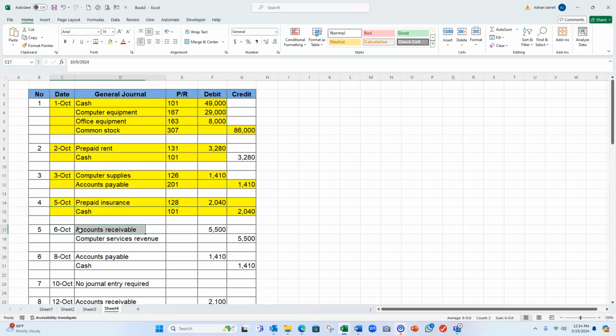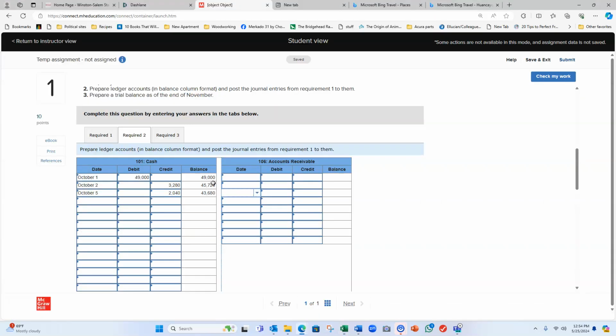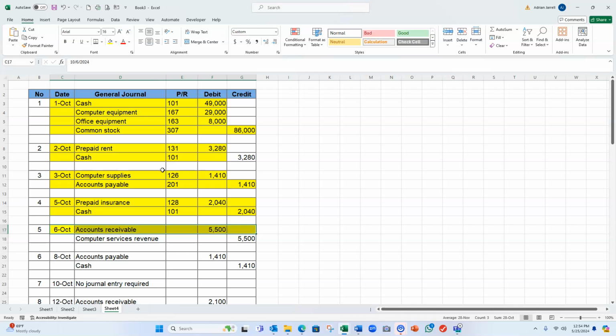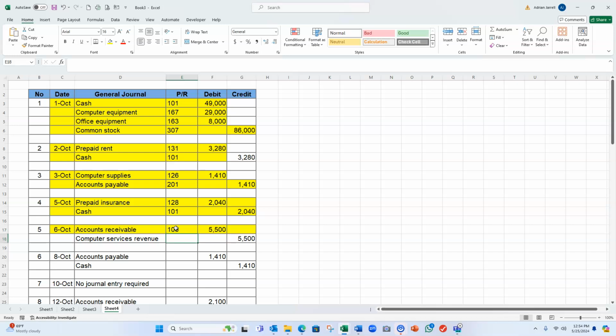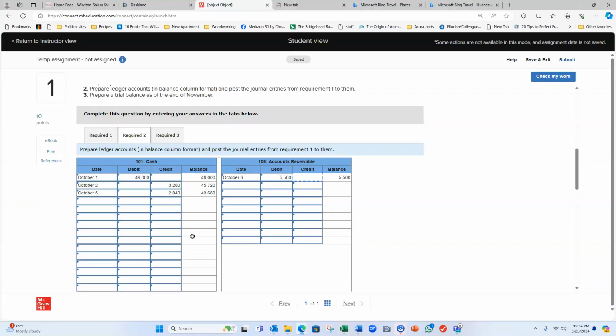Okay, on the 6th, we're going to debit accounts receivable, 5,500. Computer services revenue will start with a 4, to credit on the 6th for 5,500.